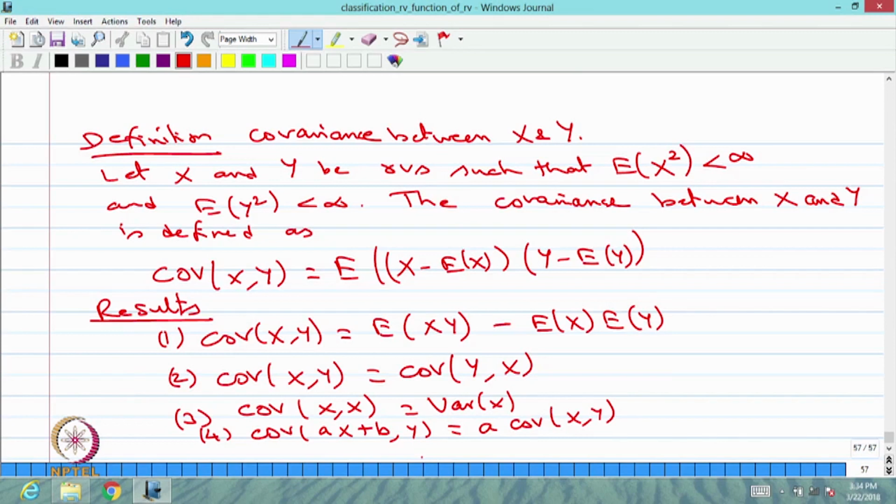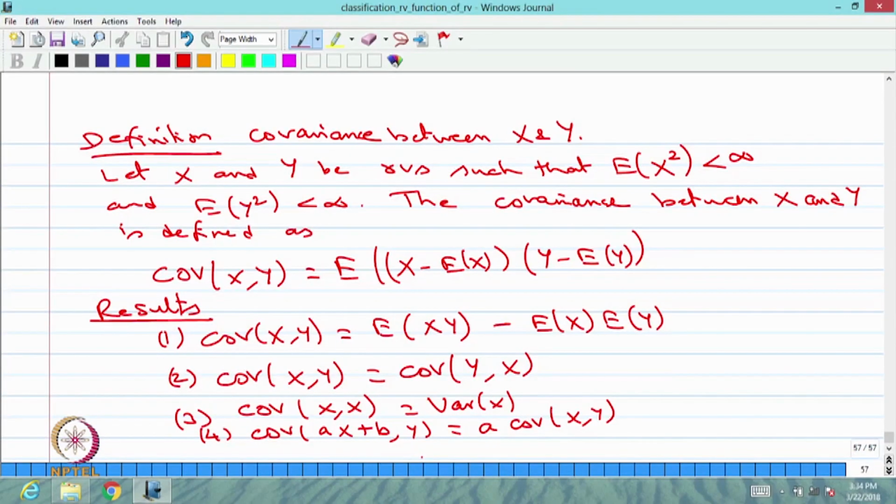Covariance of any constant with a random variable is 0. Therefore, when a and b are constants, covariance of ax plus b with y is the same as a times covariance of x comma y.